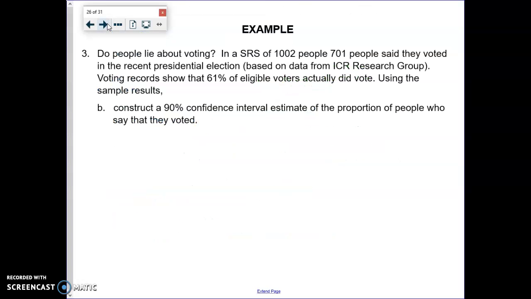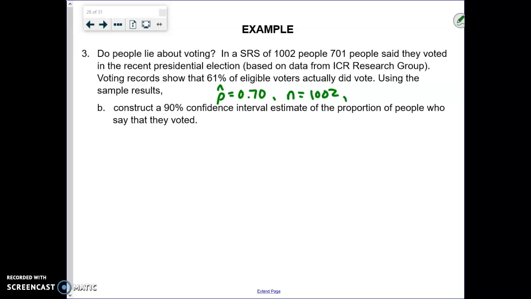Part B says, go ahead and construct a 90% confidence interval for the proportion of people who say that they voted. So if we do this, again just rewriting a few things down, we calculated p-hat to be 0.7. n, the sample size, is 1,002.